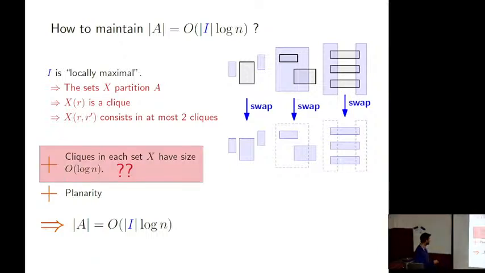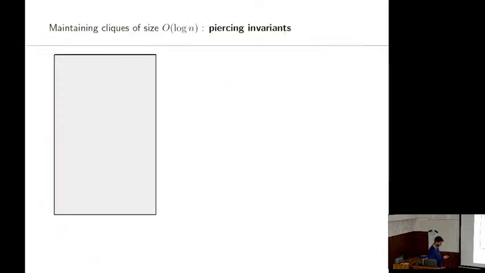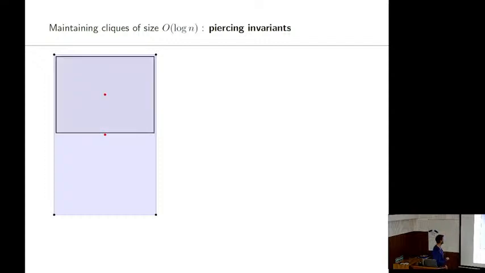So how do we do that? For this, we will use what we call piercing invariants. Let me show you an example of how the algorithm will work. First, the adversary gives this rectangle. We will pierce the 4 corners plus the center. There is a swap, so we add this guy in the independent set. Then another rectangle goes inside.